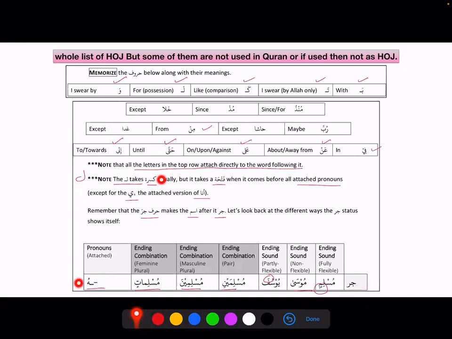And then the attached pronouns. These attached pronouns are jar in status when they attach to an ism. When these attached pronouns get attached to a fail, then they can be nasb, right? But over here, we are talking about these attached pronouns when they get attached to an ism, they are always jar.